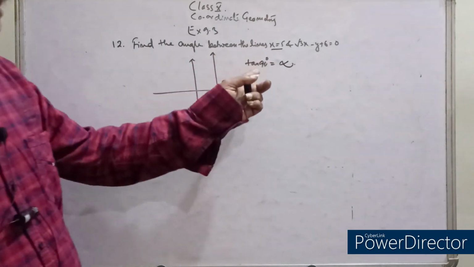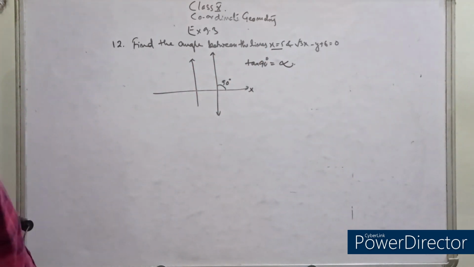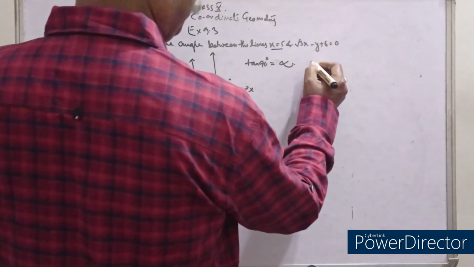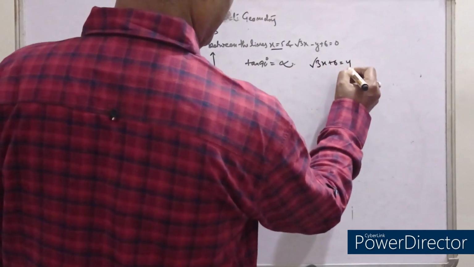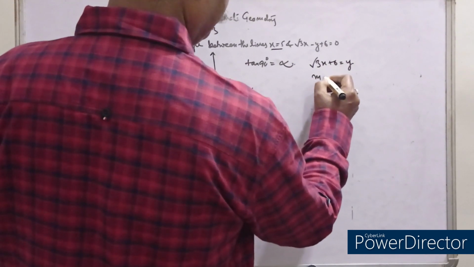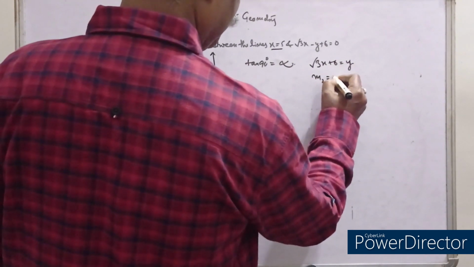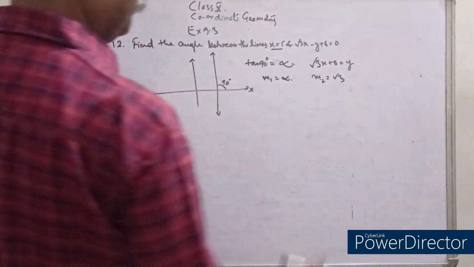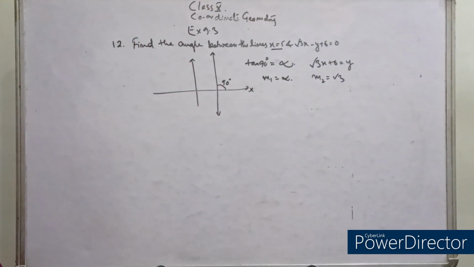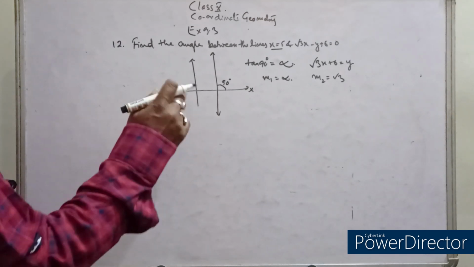So slope of this line is not defined, infinity. And here you find out the slope of this line, root 3x plus 6 is equal to y. So here the slope m2 is root 3, and here the slope m1 is infinity. Now you have to find the angle between these two lines.